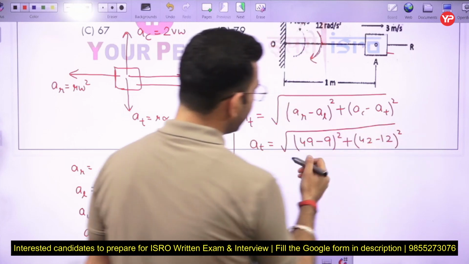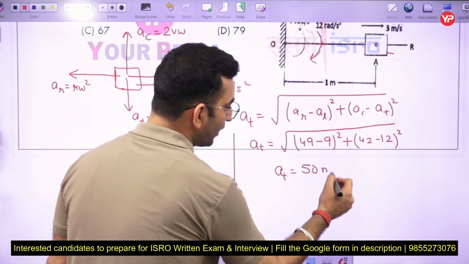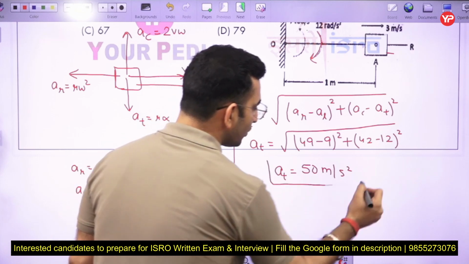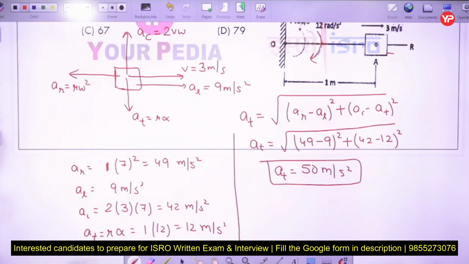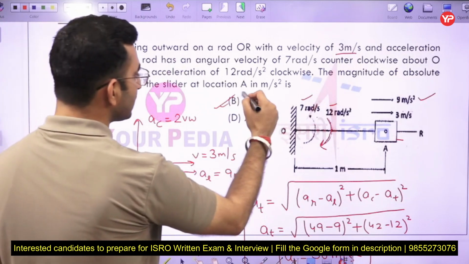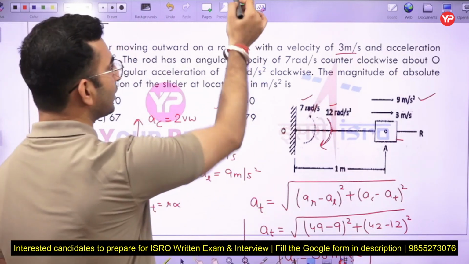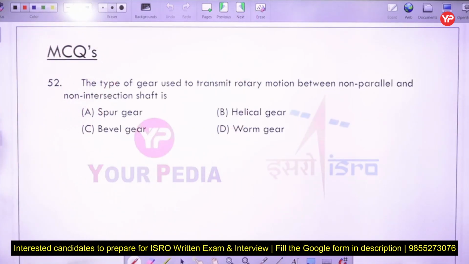If I solve this entire problem, you are going to get the value of the total acceleration as 50 meter per second square. So that's the solution of the first question. I can say option B is the correct answer. That's a very simple case. Although the numerical calculation has to be done here, the question is very simple.